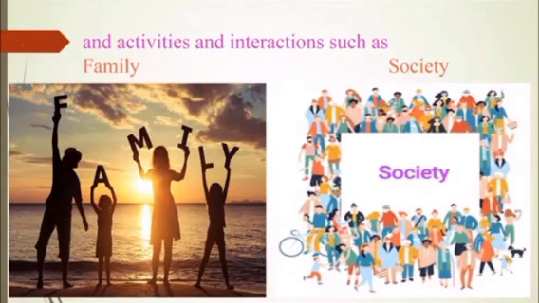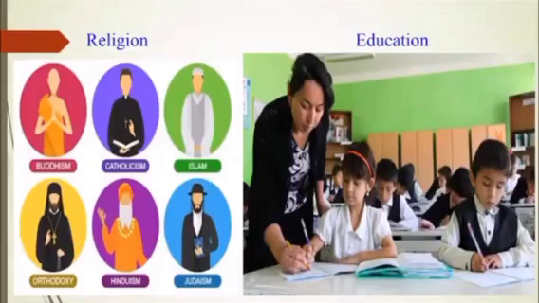Here society means the public, the community, or the people. Religion, education. Here we can see the picture of religion and education. What is meant by religion? Religion means the belief in and worship of a superhuman controlling power, especially a personal god or gods.